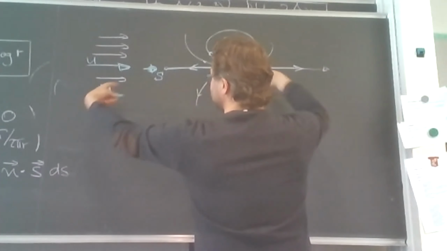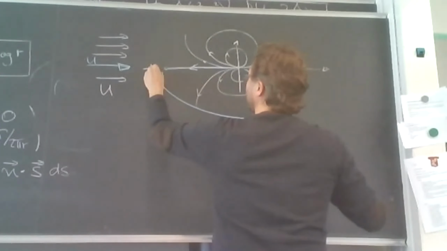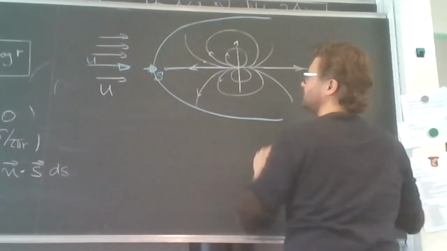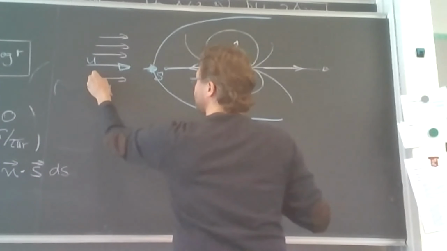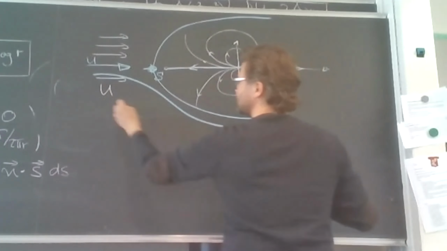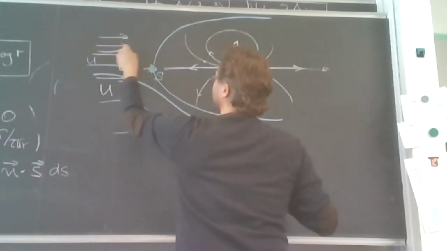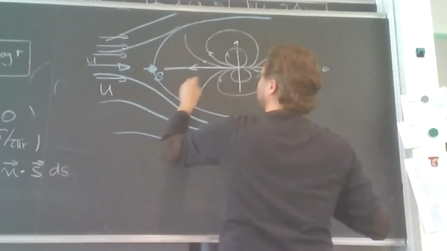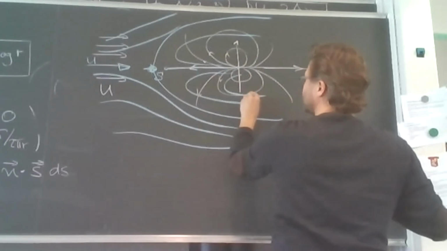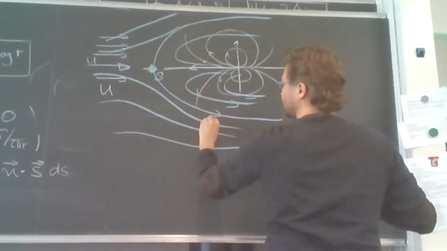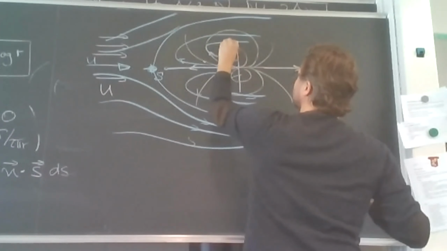And if we play this game a bit more, we will see that we obtain one streamline which looks exactly like that. And all the other streamlines will wrap around this point. Inside, we'll have some distorted circular streamlines.